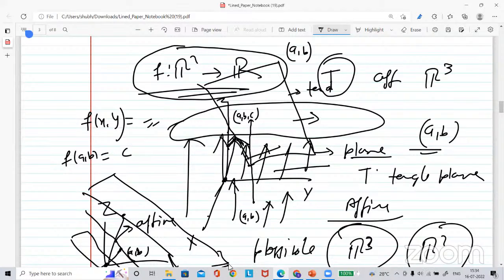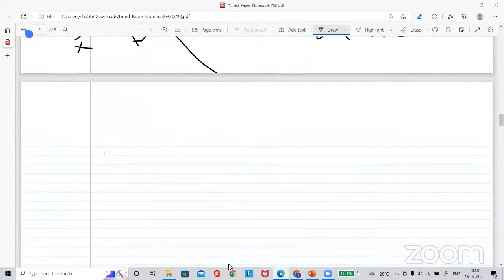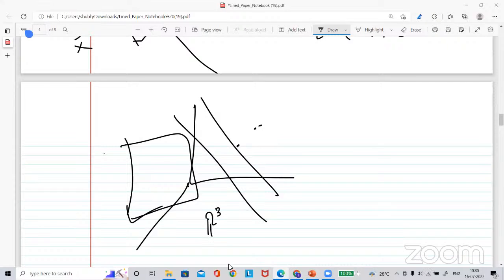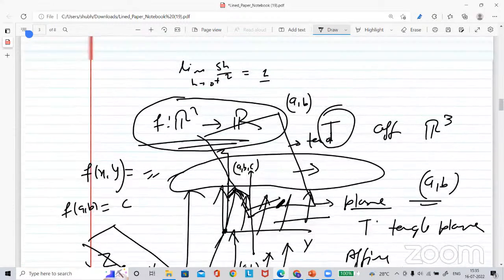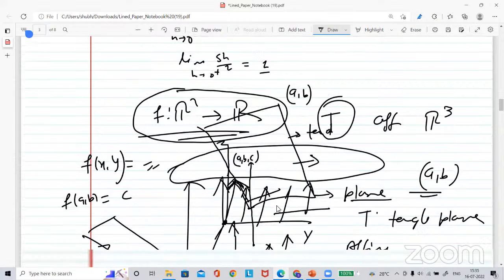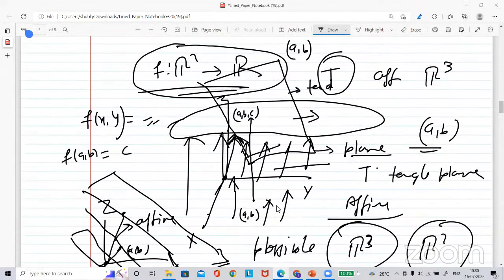That's why this tangent plane is an affine subspace. As we saw in the affine subspace video, the possible affine subspaces in R3 are points, lines, and planes. So this tangent plane is also a plane in R3, which is why it is an affine subspace in R3.